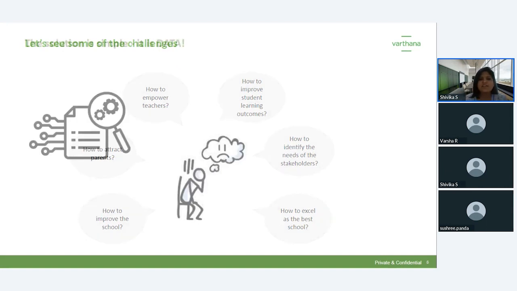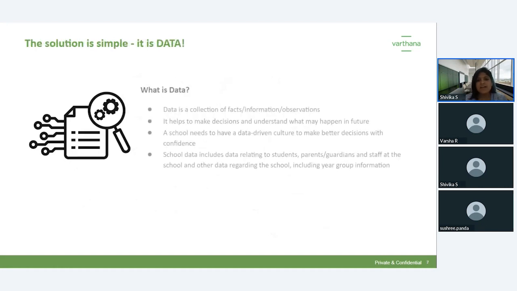The solution is quite simple, that is data. Data is a collection of information. It's a record of what is happening, how it's happening and why it's happening, and it helps in making better decisions.